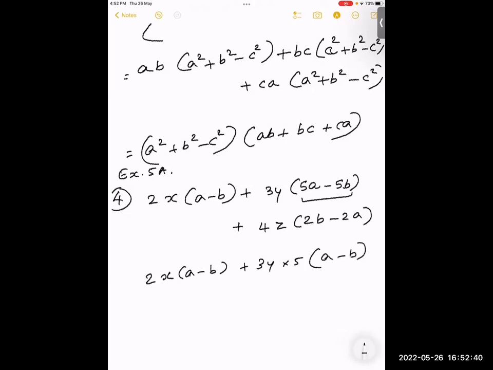Plus 4z into 2. Is it just 2? What should I take out? Minus 2. Take minus 2 out. Yes, and this will make a minus b. Right. Any questions, others?